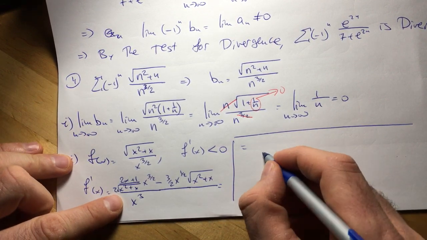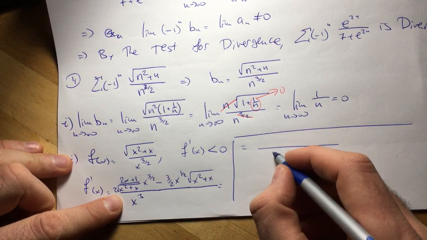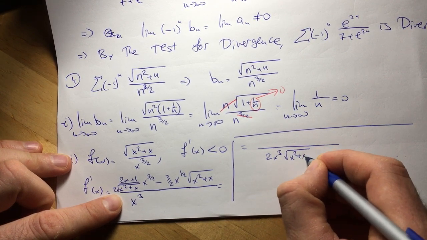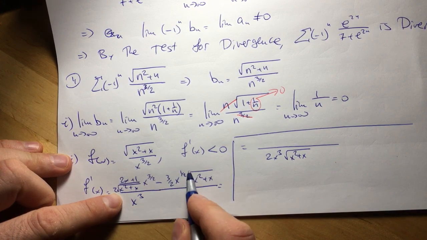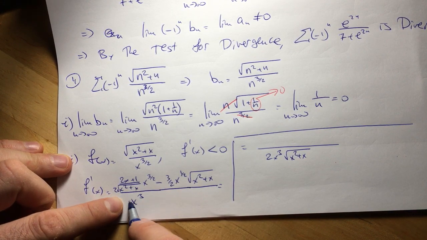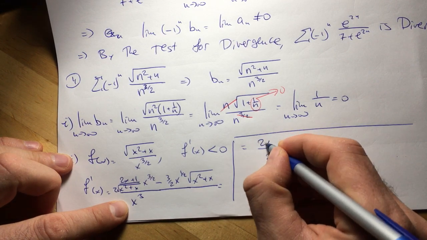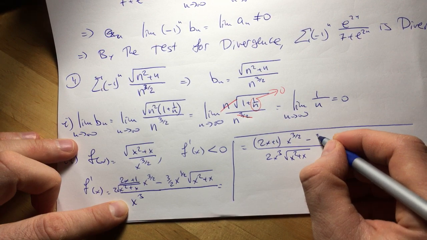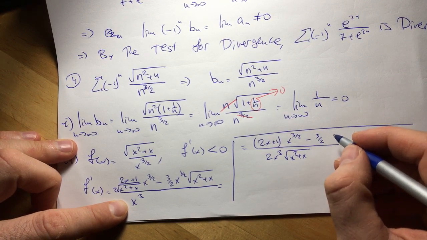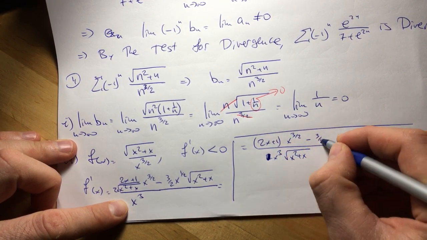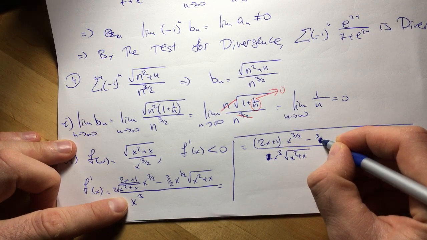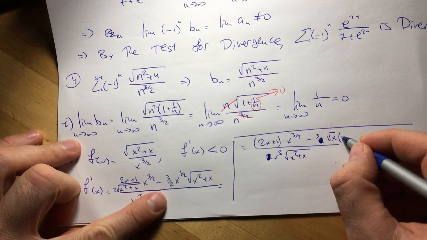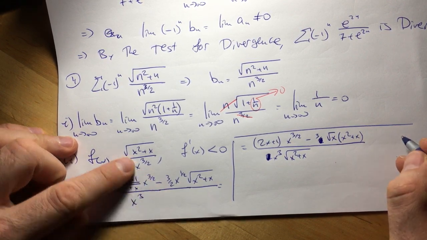which is equal, I'm going to continue here, 2 times x cubed square root of x squared plus x. So I bring everything under a common denominator and I put the denominator in the numerator down here. So I have 2x plus 1 x to the power 3 over 2 minus 3, without the 2, sorry, so without the 2, minus 3 square root of x times x squared plus x, okay?